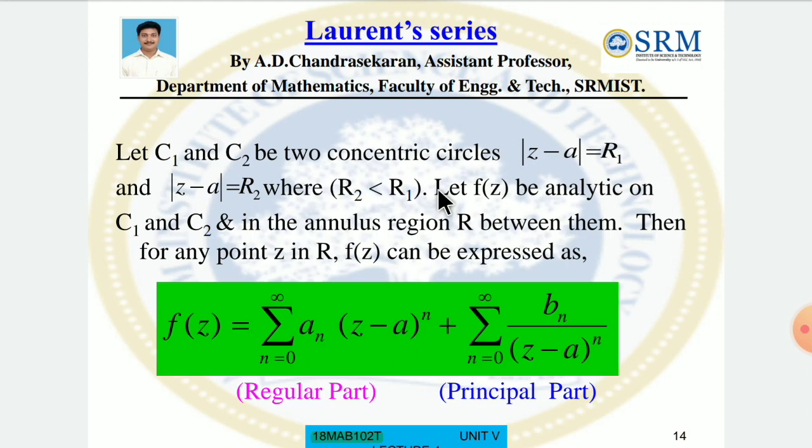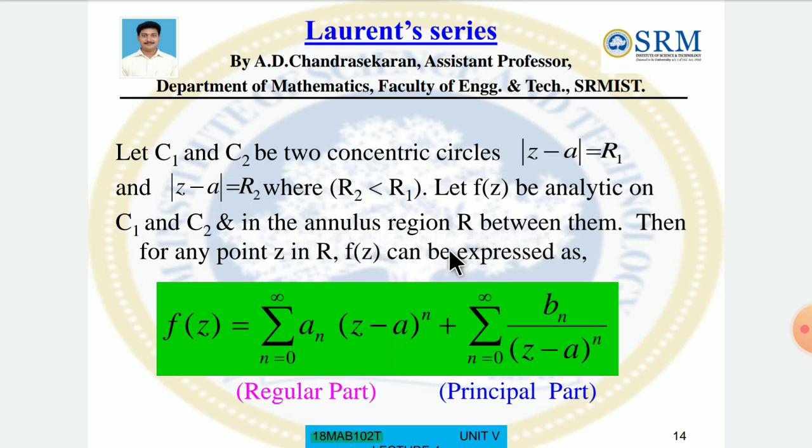Now see, let the function f of z be analytic on the circles C1 and C2 and in the annulus region R between them.